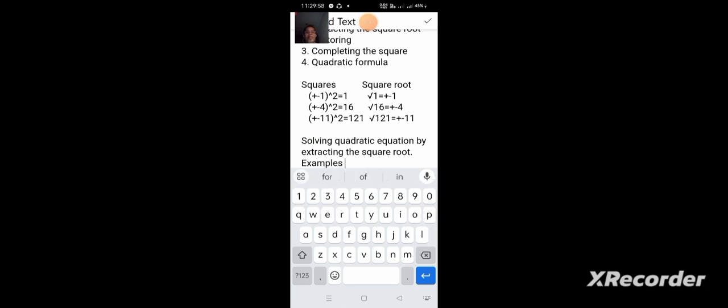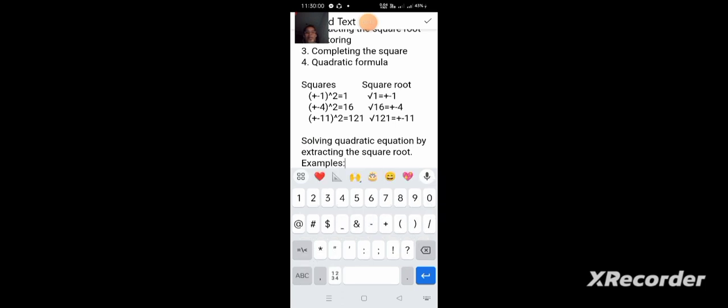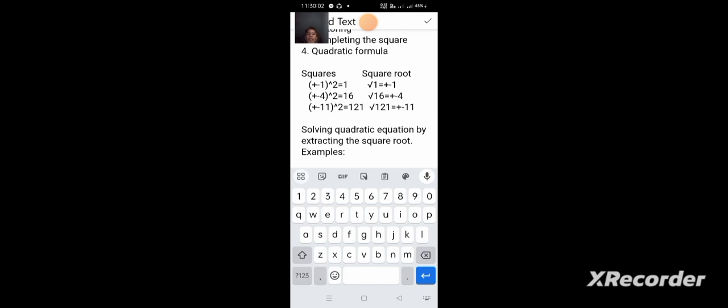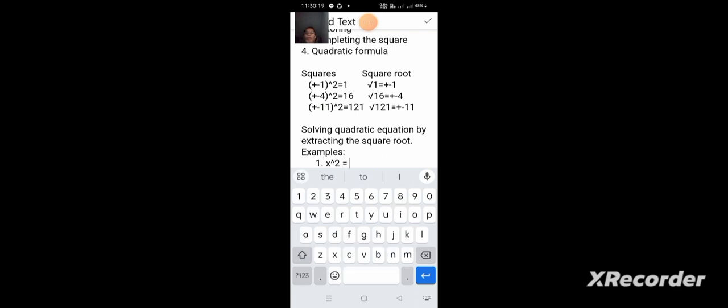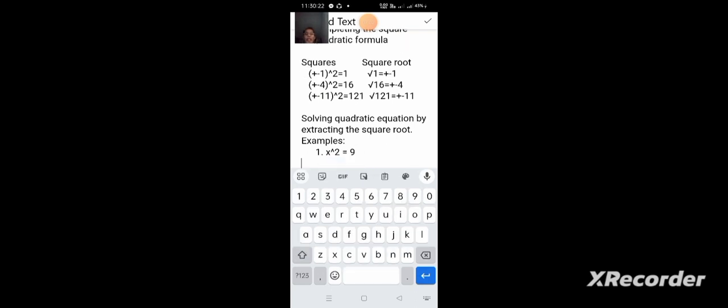For example, number 1, we have x raised to 2 is equal to 9. Extracting the square root of both sides of the equation, you will have x.